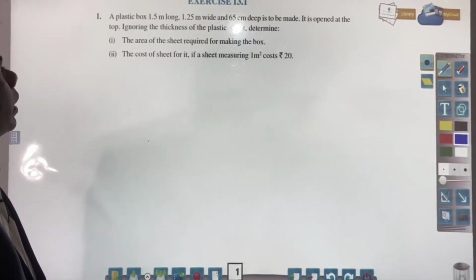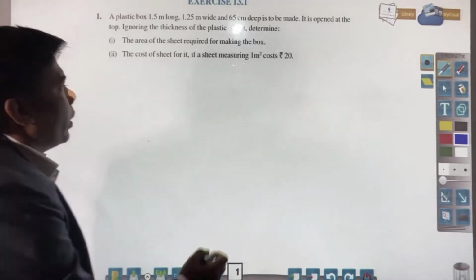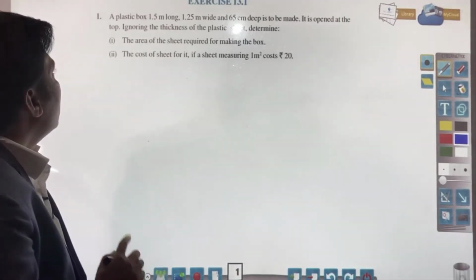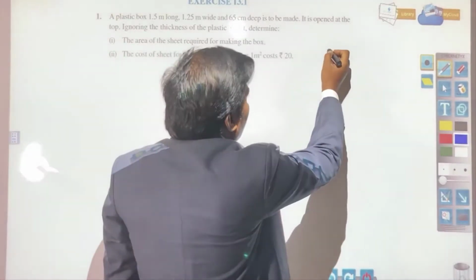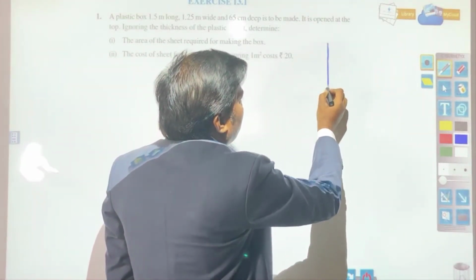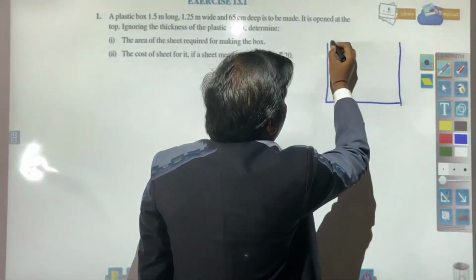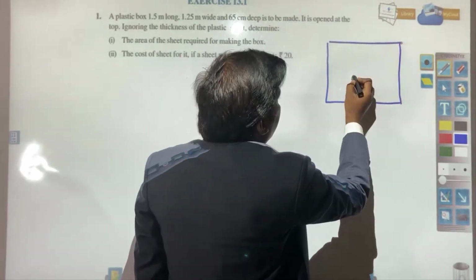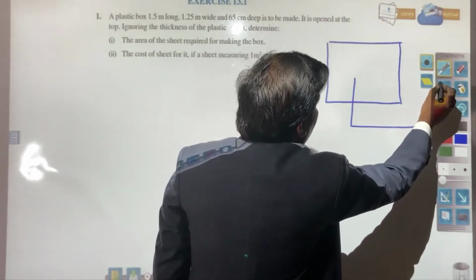Ignoring the thickness of the plastic sheet, determine the area of the sheet required for making the box. The cost of sheet for it, if a sheet measuring 1 meter square costs rupees 20. So here you see what has been given. A plastic box is required to be made. Suppose your figure will be in this way.